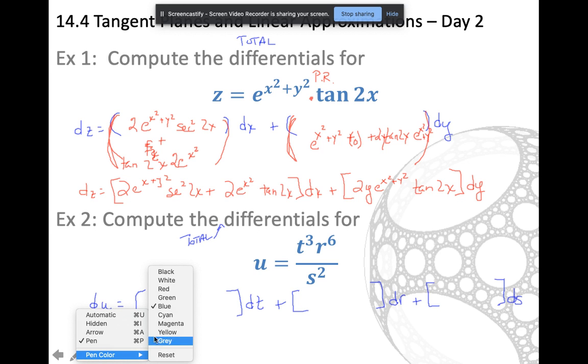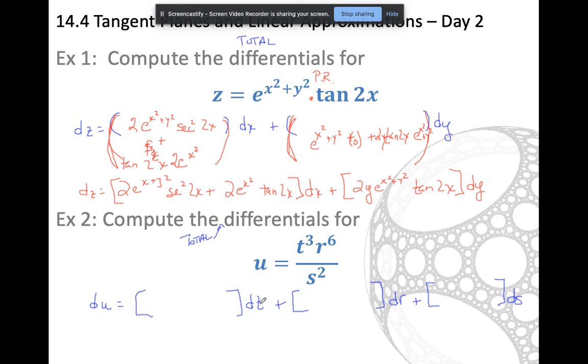Taking the differential with respect to t means hold the other ones constant.